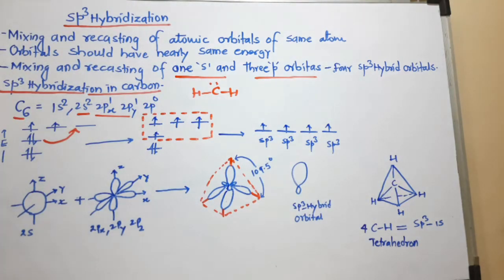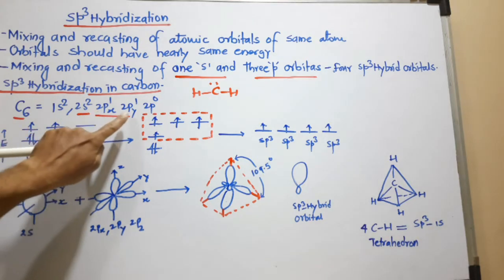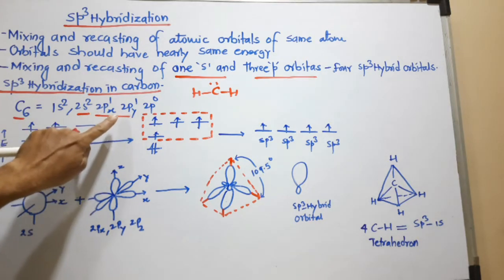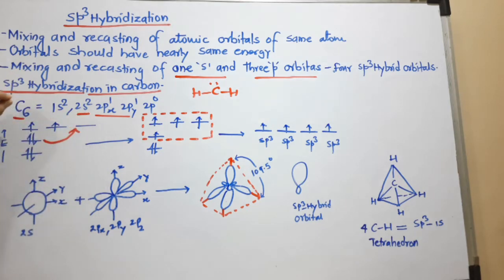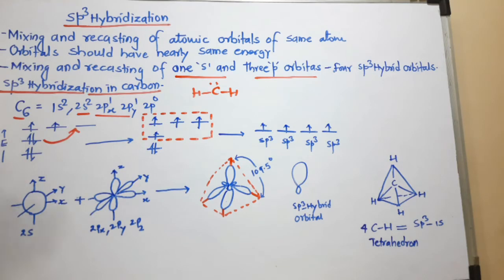After writing this electronic configuration, where 2 unpaired electrons are present in the valence shell, this cannot explain why there are 4 bonds around the carbon. Now here I have shown the energy of all atomic orbitals. 1s orbital has the lowest energy, then the 2s orbital, then 2px, 2py and 2pz having a little more energy.